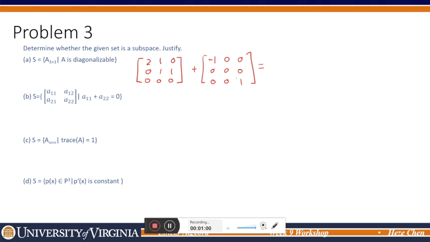When I add them together, I have [1, 1, 0; 0, 1, 1; 0, 0, 1], which is not a diagonalizable matrix. So it shows that it's not going to be closed under addition. It is not a subspace.